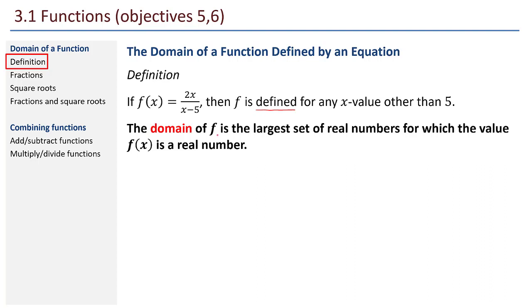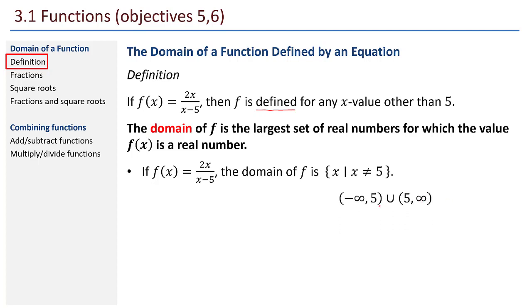The domain of f is the largest set of real numbers for which the value f of x is a real number. So in this particular example, if f of x equals 2x divided by x minus 5, the domain of f is the set of all x such that x does not equal 5. So all x's in the world, every real number x except for that particular x value of 5.